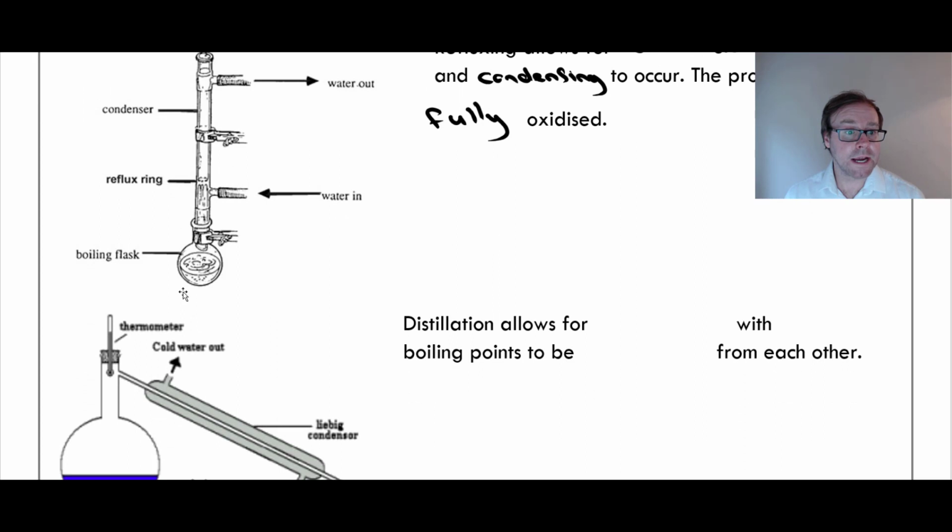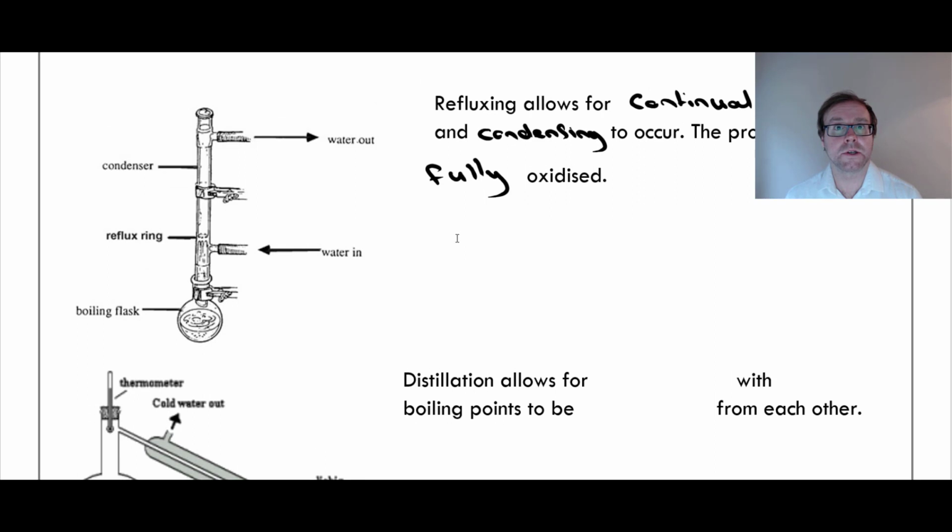So here we have the reactant, so maybe this is my primary alcohol and my oxidizing mixture of acidified potassium dichromate. Heat up, turn into a gas. Now on the outside of this condenser is cold water, so there's a tube in the middle where the gas is. The outside of that is cold water, so it will condense back down. Turn to a vapor, condense, turn into a vapor, condense, and eventually it will become fully oxidized and therefore produce a carboxylic acid.